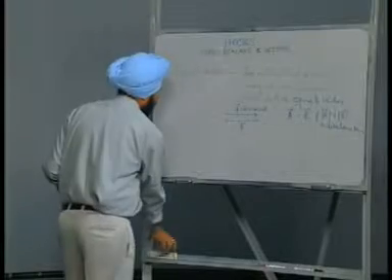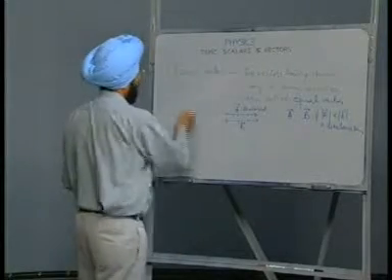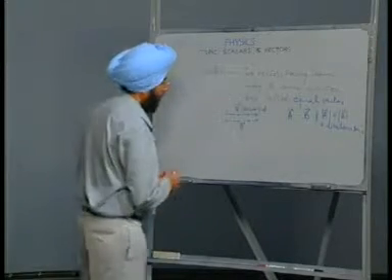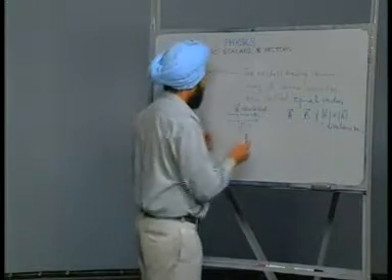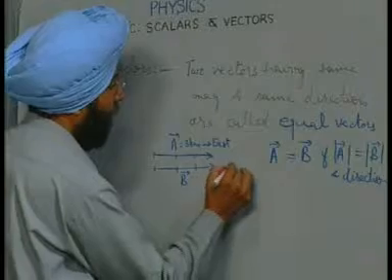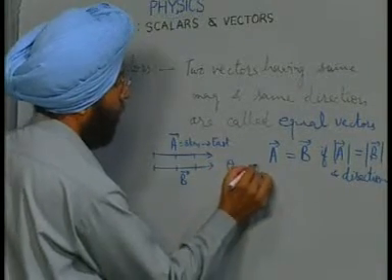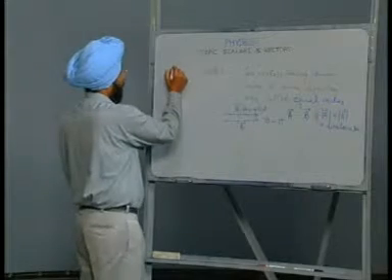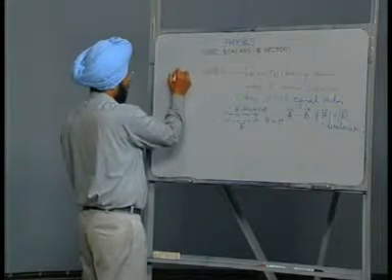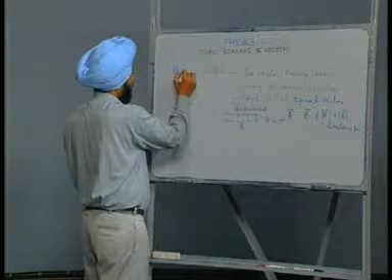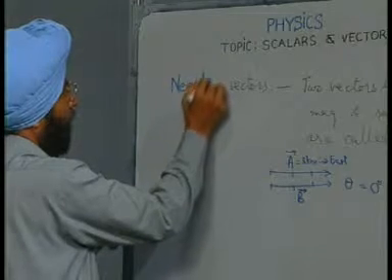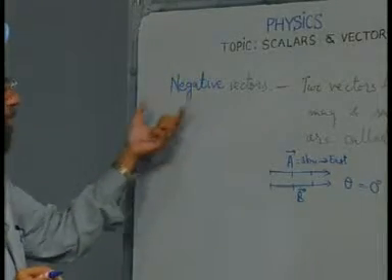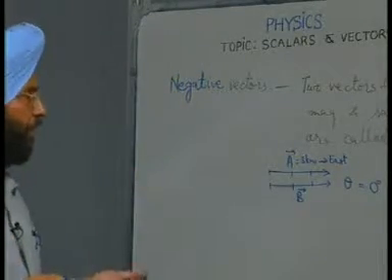For equal vectors directions are same, that means the angle between A and B is 0 degree. Now, in case we have magnitudes equal and directions opposite, that kind of vectors are known as negatives of each other.